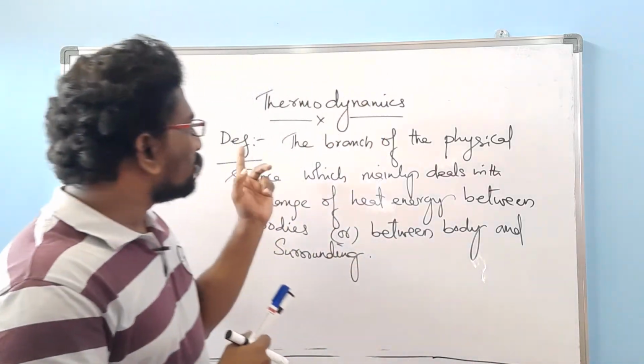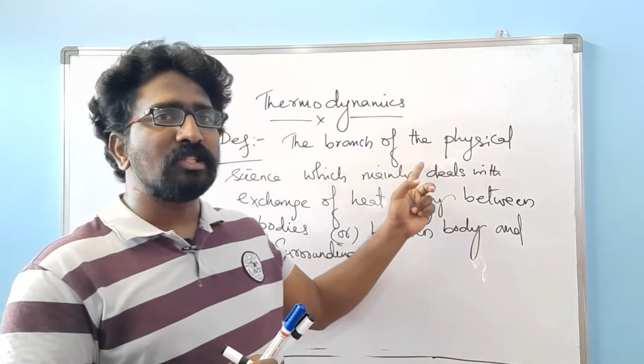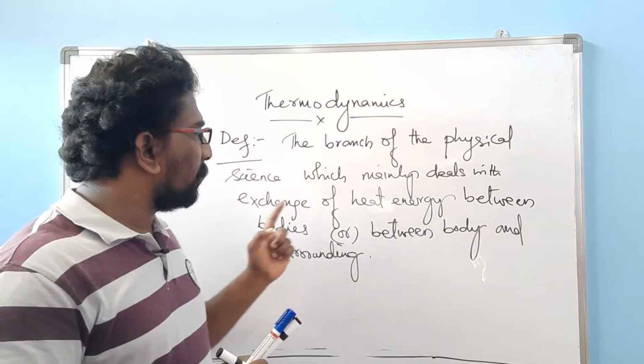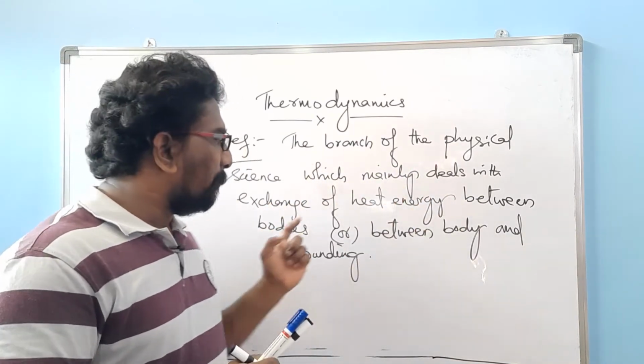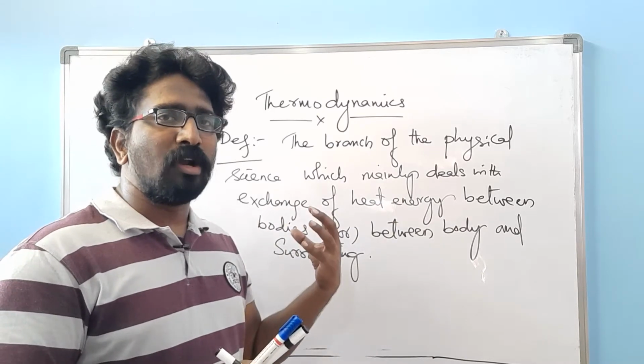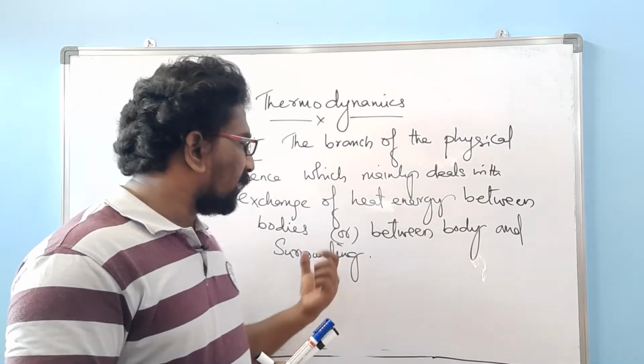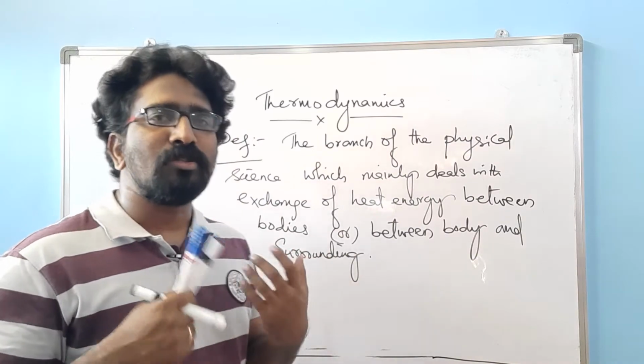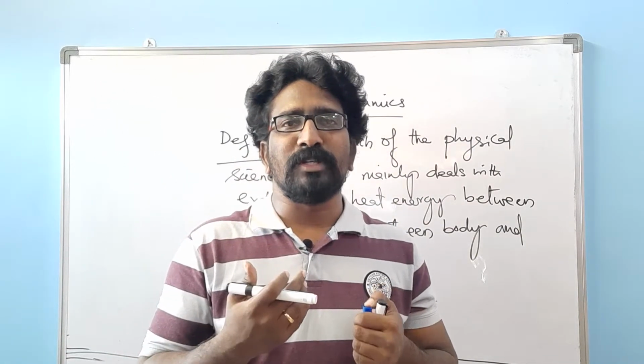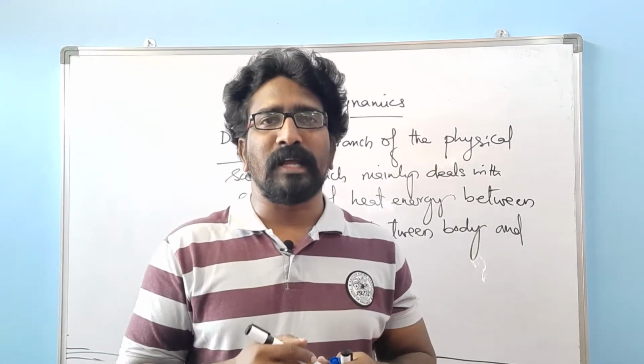So now, what is thermodynamics? It is a branch of physical science which mainly deals with the exchange of heat energy between two different bodies, and between a body and a surrounding area. So how do we consider the exchange of energy between two different bodies? Let me give another example.